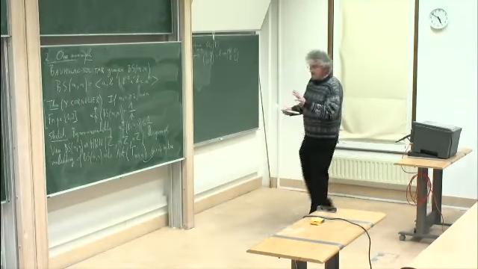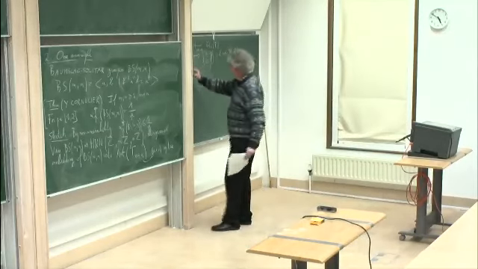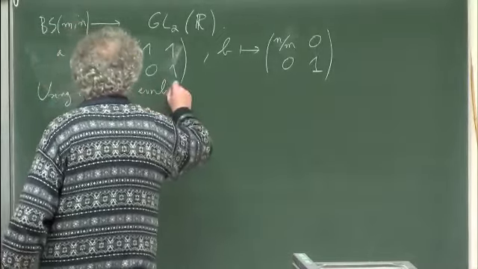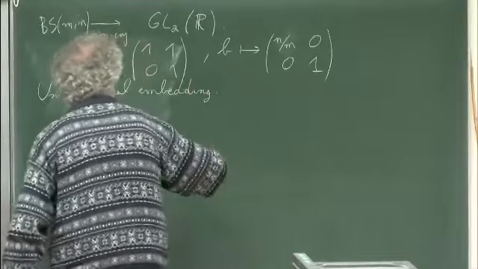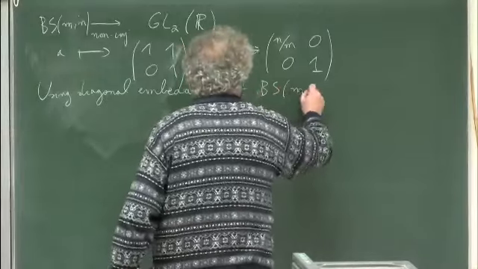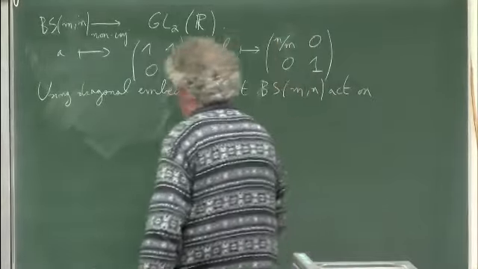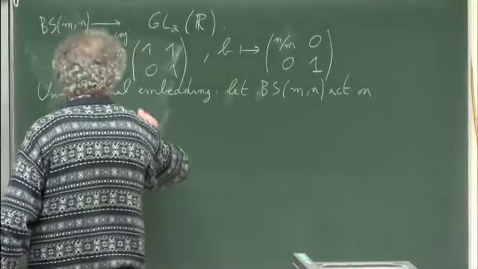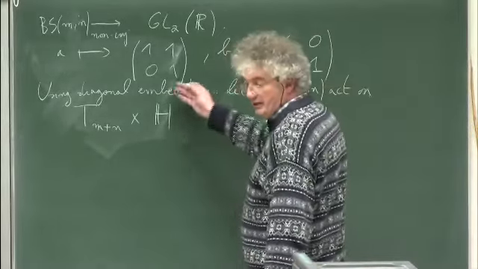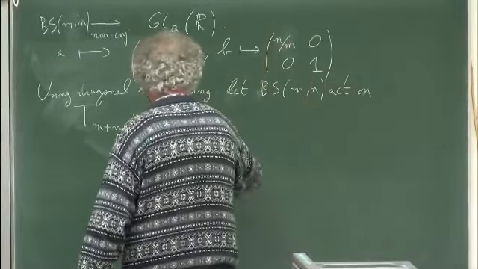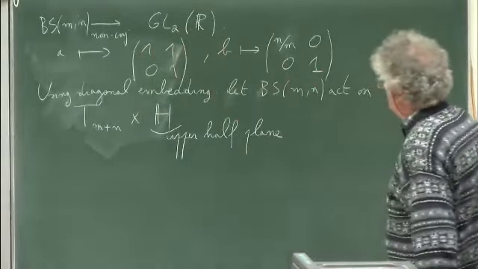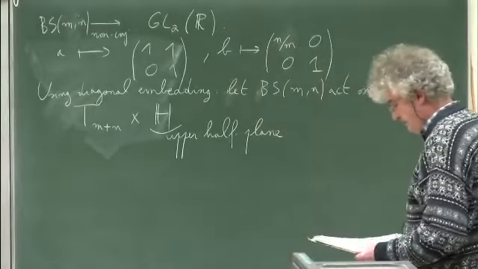Anyway, using the diagonal embedding, we may let BS(m,n) act on the product of the (m+n)-regular tree and the upper half plane, where GL_2(R) will act by fractional linear transformations.